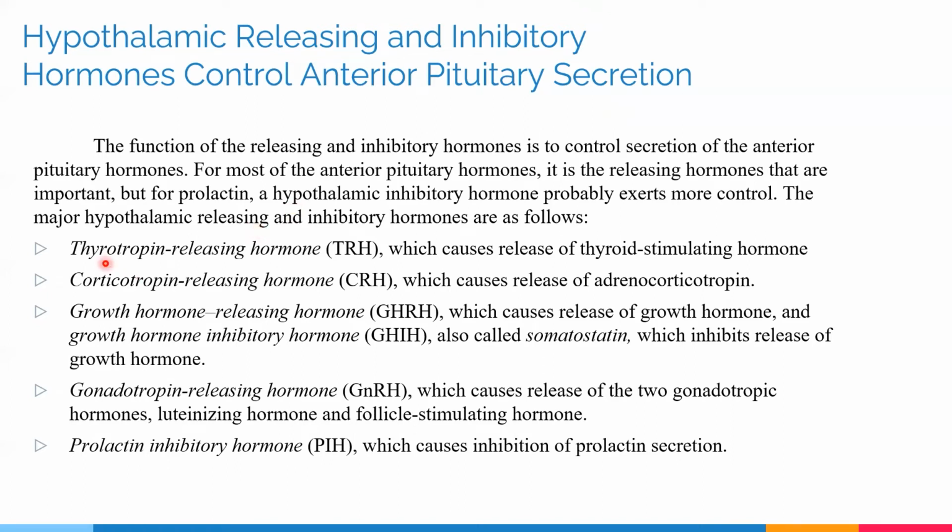The first is thyrotropin releasing hormone, which causes release of thyroid stimulating hormone. Corticotropin releasing hormone, which causes release of adrenocorticotropin. Growth hormone releasing hormone, which causes release of growth hormone, and growth hormone inhibitory hormone, which is also called somatostatin, which inhibits release of growth hormone.